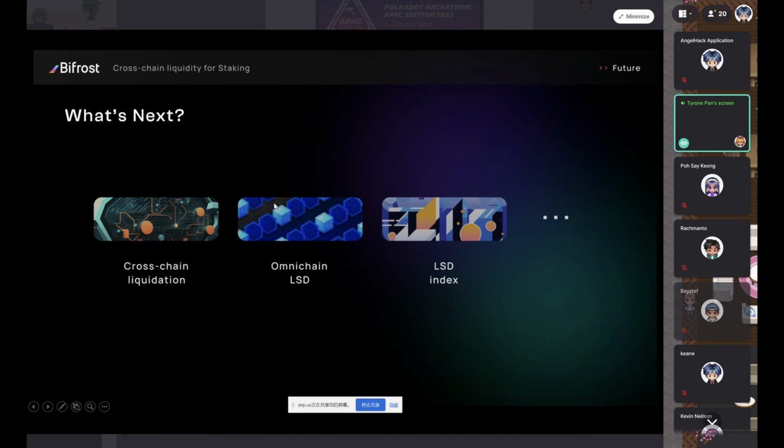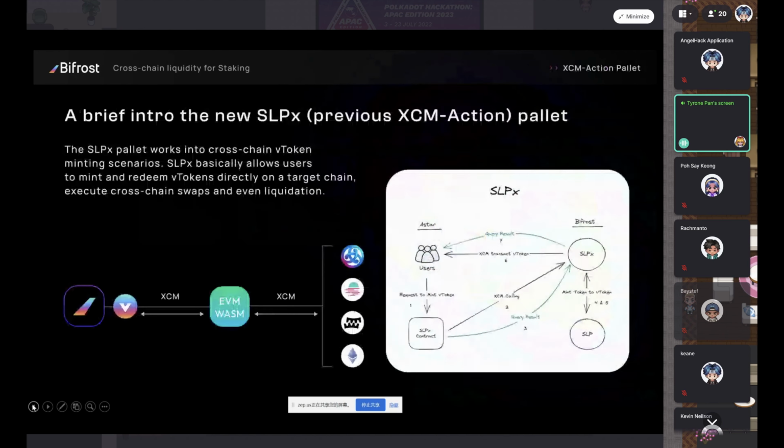So what's next? Some use cases. Cross-chain liquidation is something like we replace the function here that requires minting vToken with a function that requires swapping token A to token B. Let's say the liquidated token is token A. You need to swap token A to token B, and there's a liquidity pool on Bifrost.